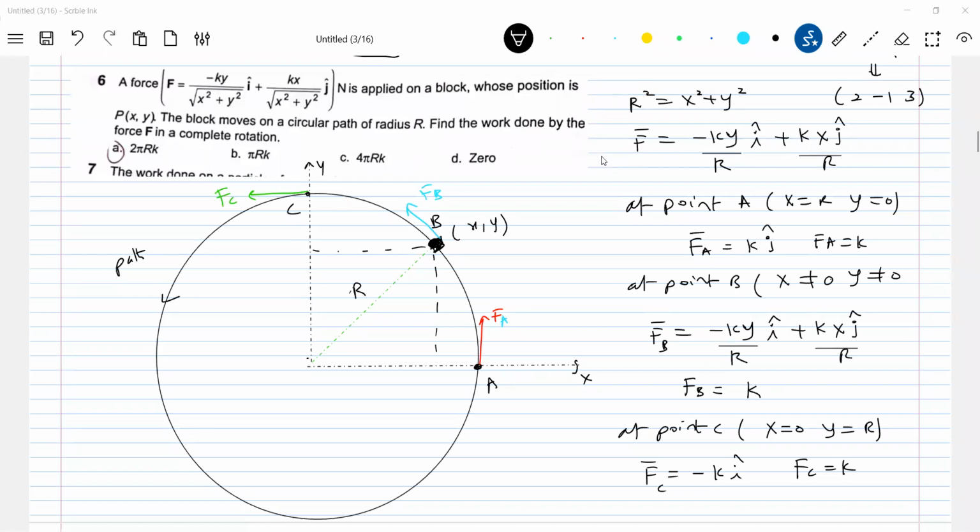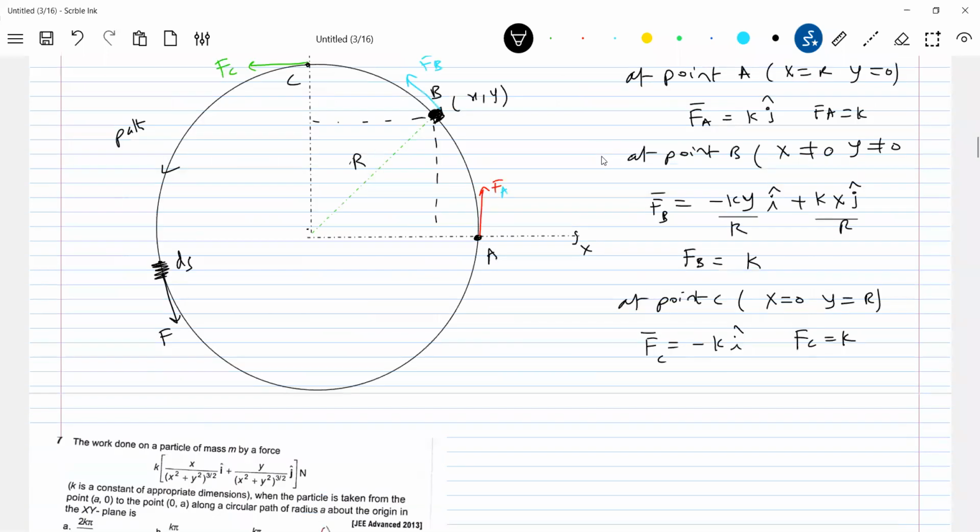Constant force. So what is the distance covered? Find the work done by the force F in one complete rotation. So how much distance is it? 2 pi r. Let me take this length as ds. And the force will act tangential to the path everywhere.